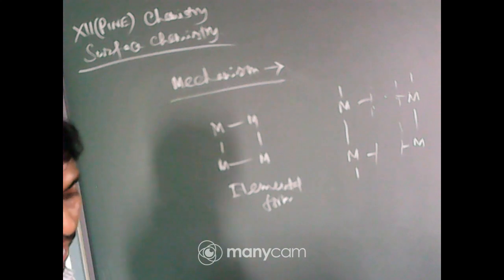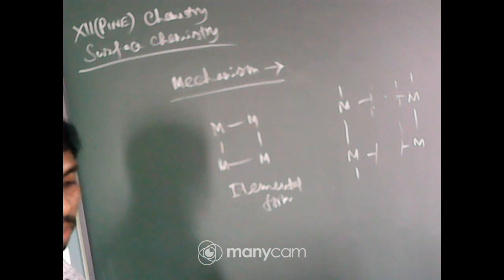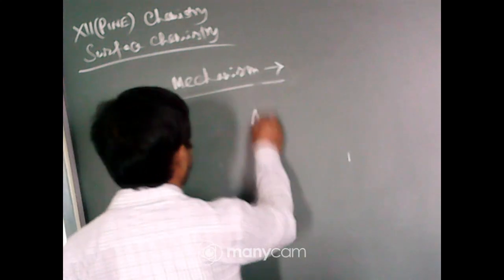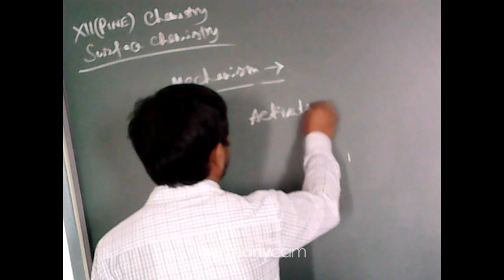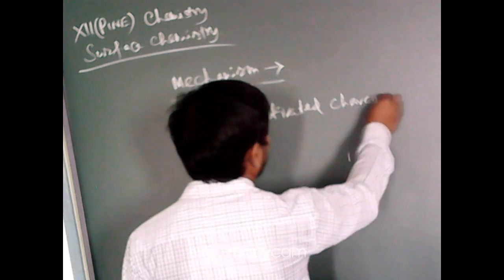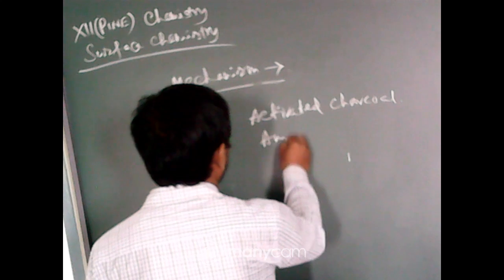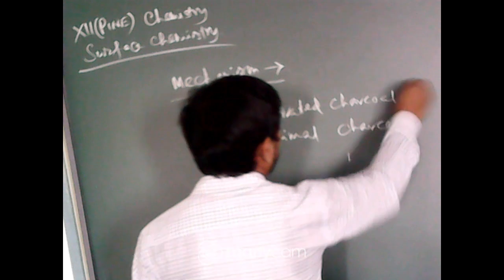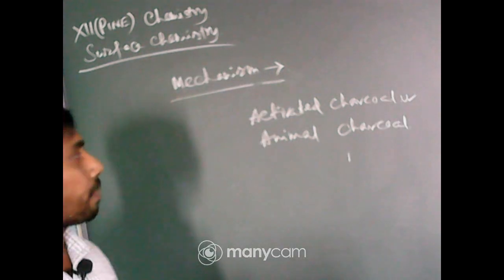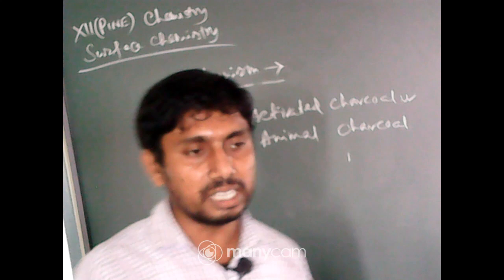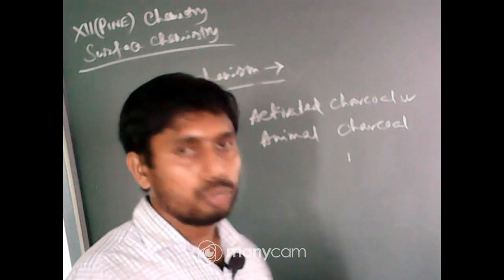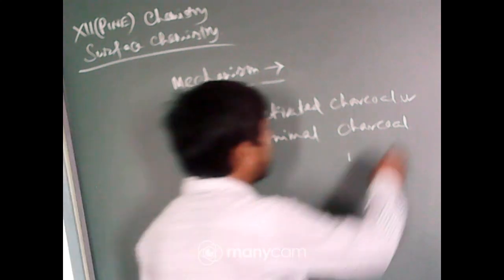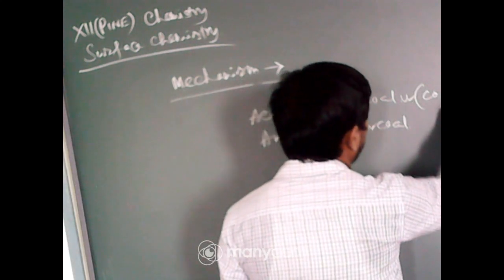Activated charcoal is prepared at high pressure and temperature to release the gases present there, such as carbon dioxide and C2H4.